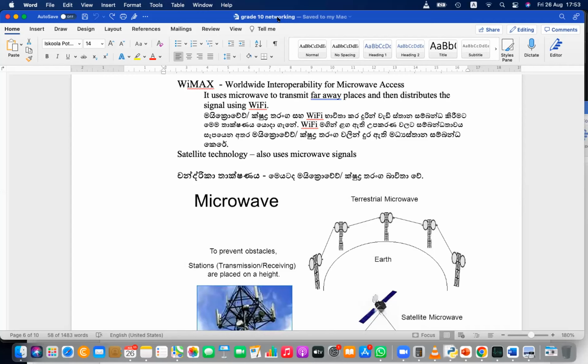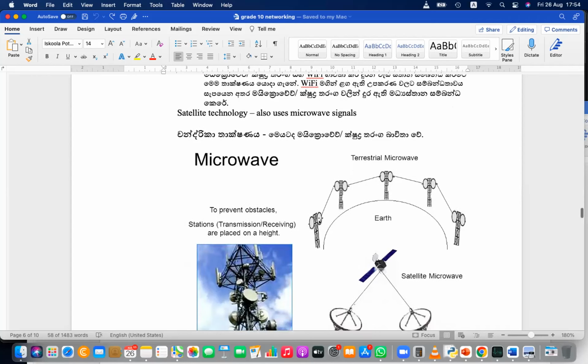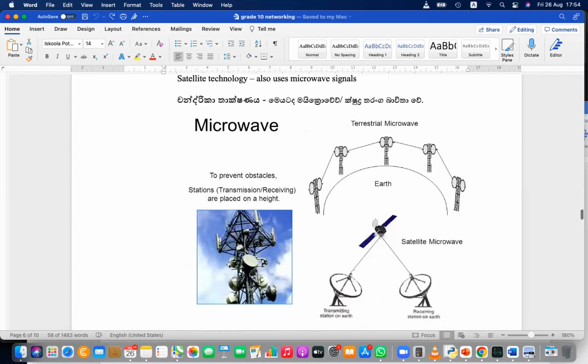Again, it uses microwave, but among telephone communication, the microwave is used between the towers. From the tower, we will get GSM signals. In WiMAX, tower to tower microwave signal is sent, similar to the telephone signals.